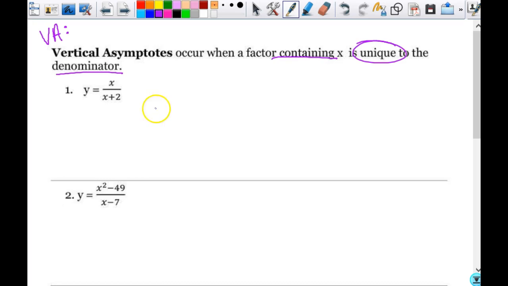Set it equal to 0. So x plus 2 equals 0, which means my vertical asymptote is at x equals negative 2. Everybody okay with that? It's that easy. So you look at, can I cancel anything out? If I can, then it's not a vertical asymptote. And if I can't, if it's unique to the denominator, that's my vertical asymptote.